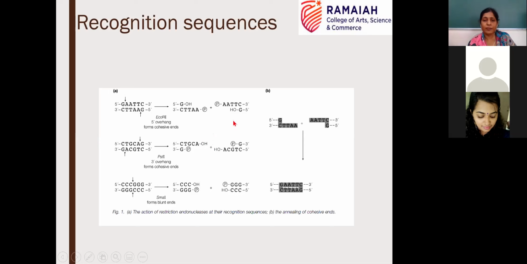These 5' or 3' overhangs have a further property: these ends are sticky or cohesive in nature. What do I mean by sticky or cohesive?